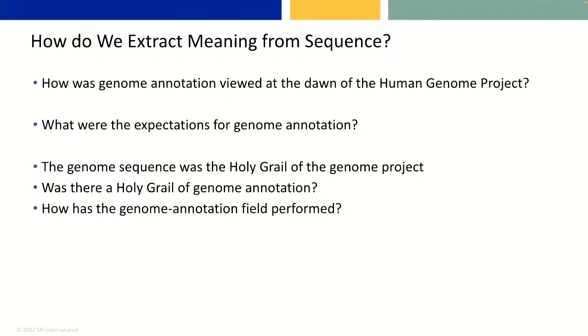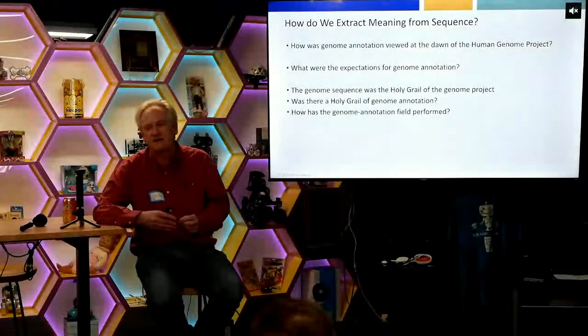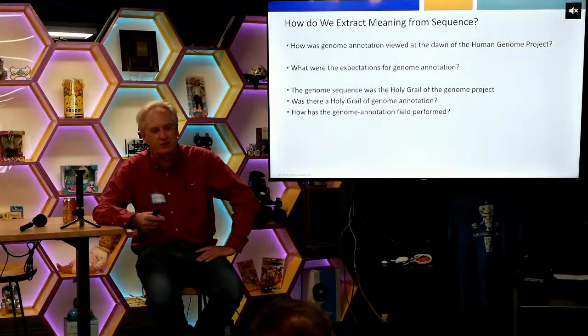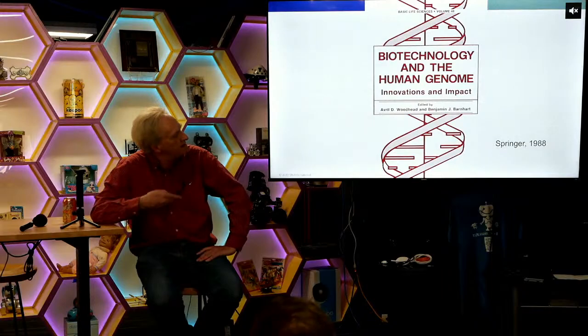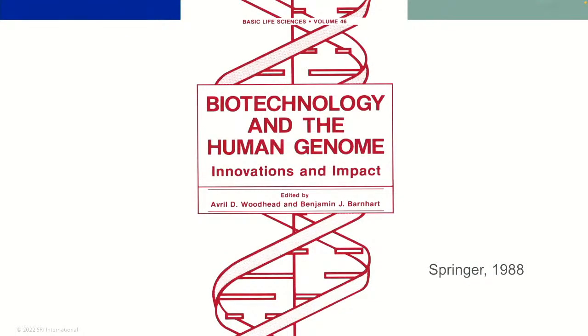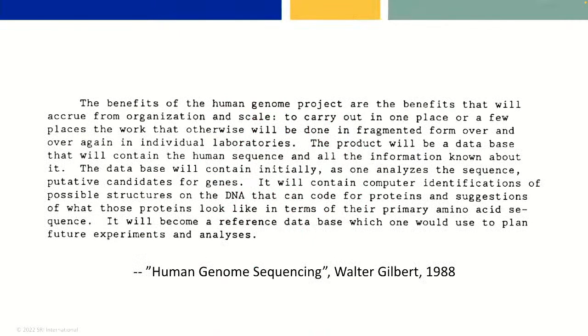There wasn't any clear holy grail, so we can't really assess how the genome annotation field has performed against a holy grail because there wasn't one, but we can still look at some of the early expectations. I found this publication from 1988, back when I was still a graduate student, and found a couple of interesting quotes in here about how people thought the human genome would be annotated.